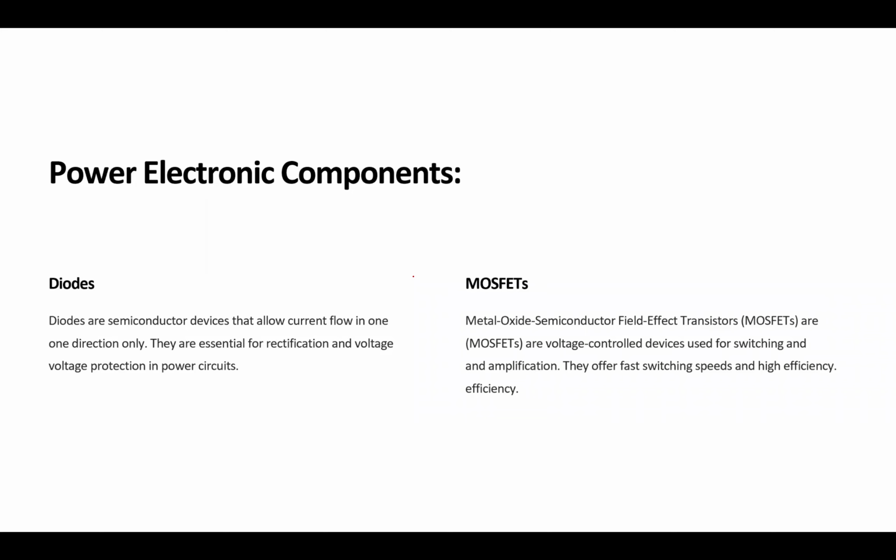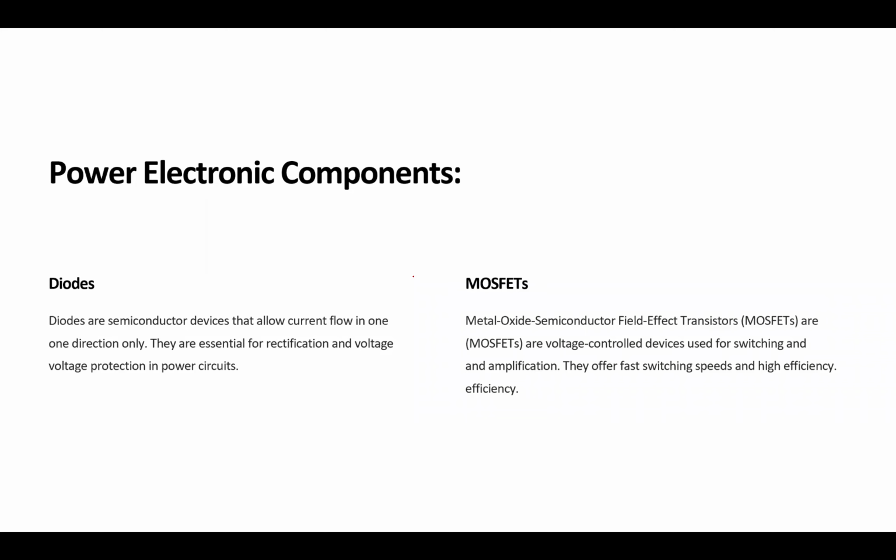The next one is the MOSFET. I assume you already read about MOSFETs, or it's easy to learn how they work. We are going to cover that a little bit. MOSFETs are semiconductors that you can control on and off when it comes to letting the current go or not. On a diode you don't have control of on and off; the voltage dictates the on and off. On a MOSFET you have the control.